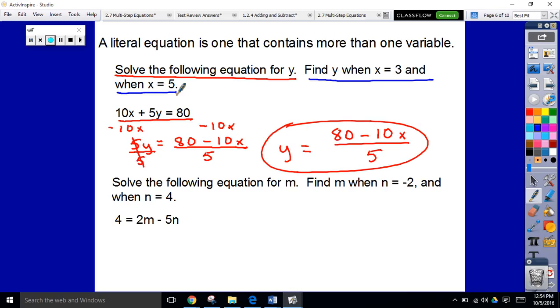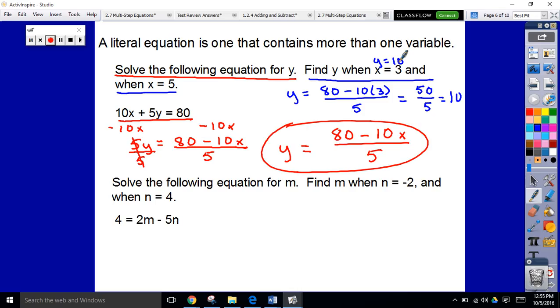So I'm going to take x equals 3, I'm going to substitute it in for x in my equation. So y equals 80 minus 10 times 3 divided by 5. When I do that, 10 times 3 is 30. 80 minus 30 is 50. So I have 50 on the top, 5 on the bottom, and 50 divided by 5 is 10. So when x is 3, y will be 10.